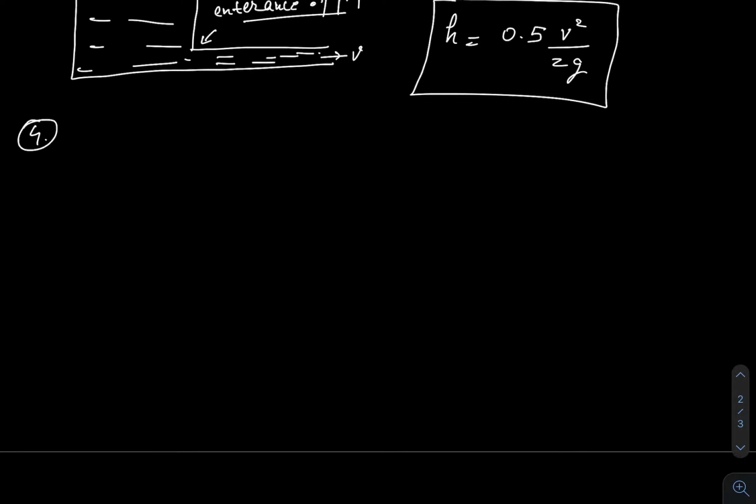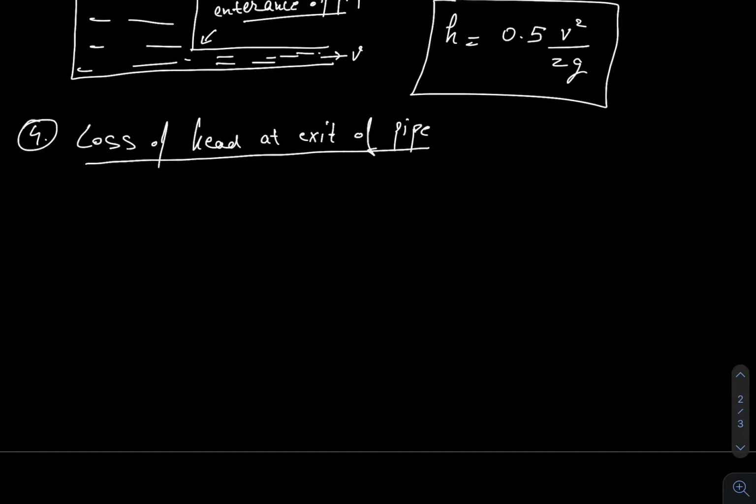What is the fourth case? The fourth case is loss of head at exit of pipe. We need to calculate this. What I mean by this?